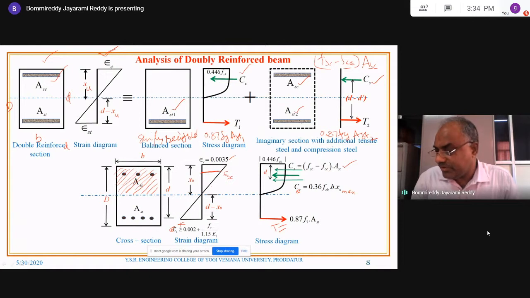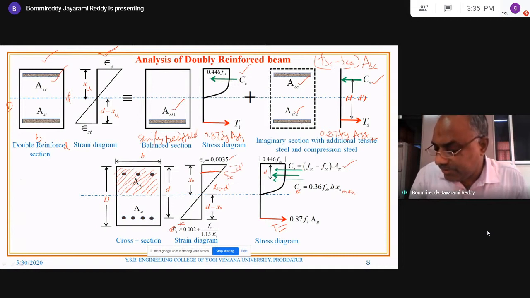So what is this distance? This vertical distance is nothing but XU minus D dash. You know that this distance will be equal to D dash, the effective cover to the compression reinforcement. So what is the strain at this point?